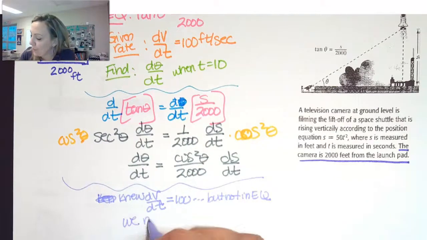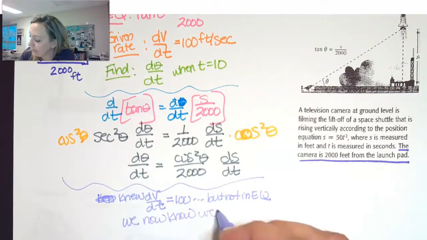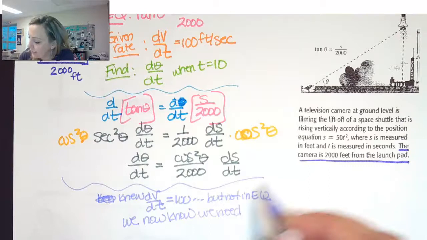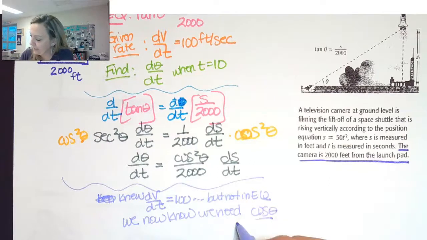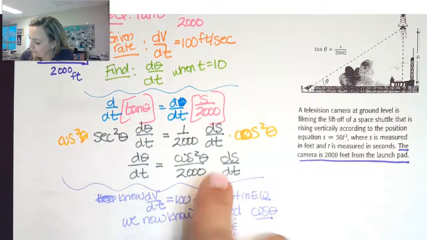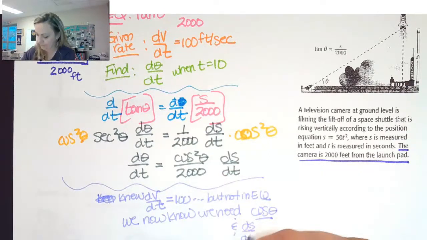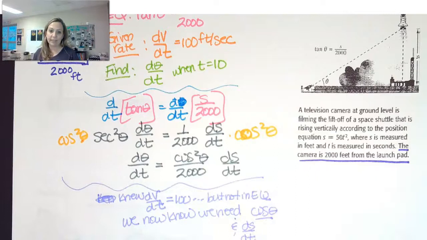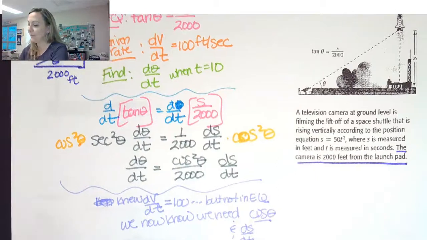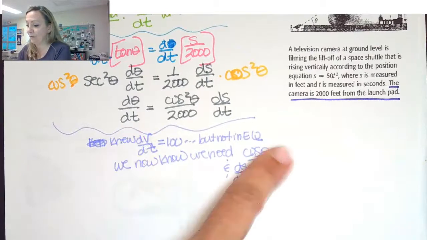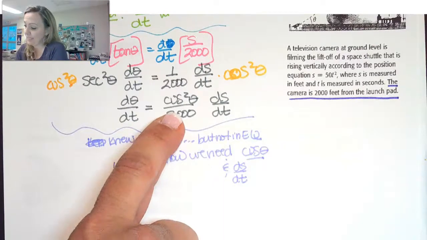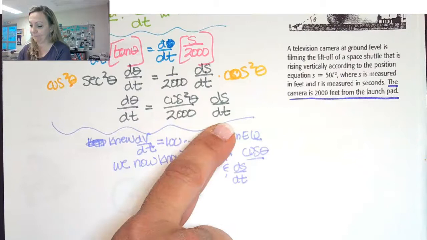We now know that we also need cosine theta and ds dt. Now that we have this expression for d theta dt, we need to somehow find cosine theta, and we need to know ds dt.